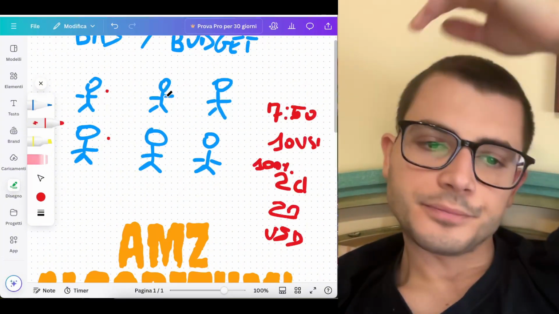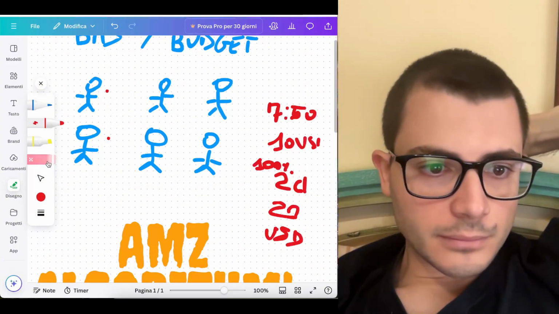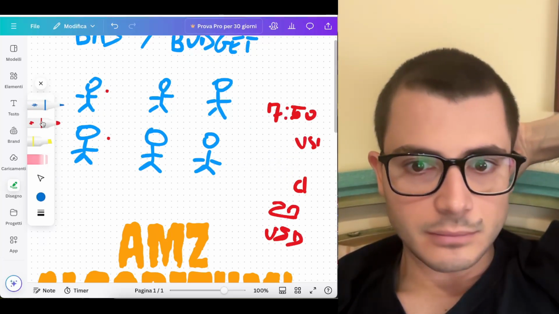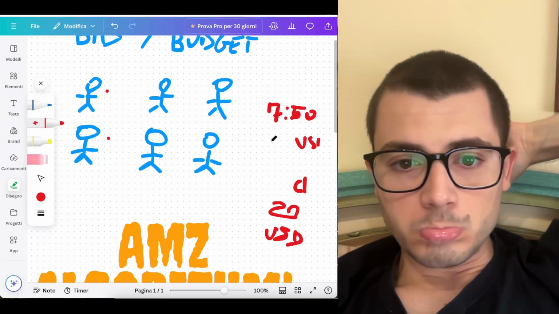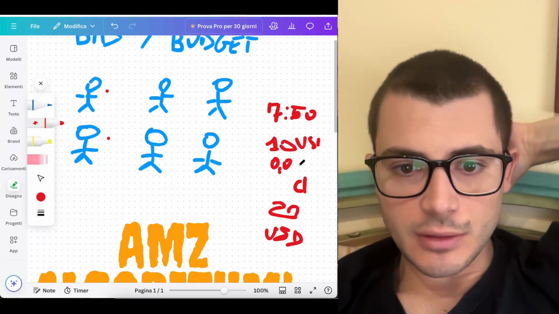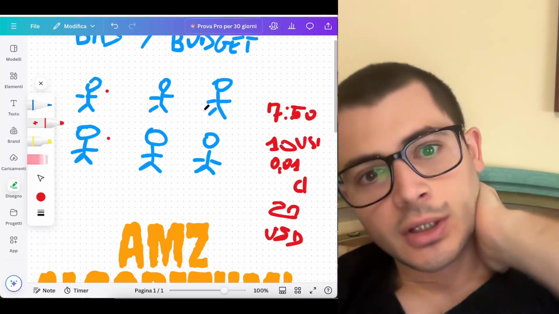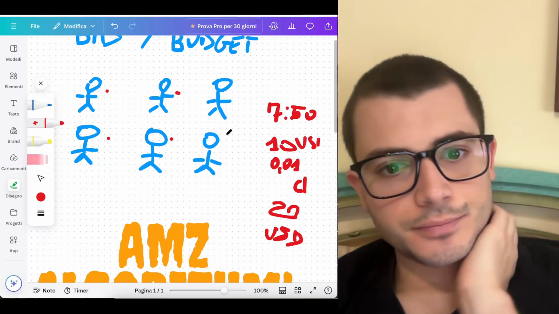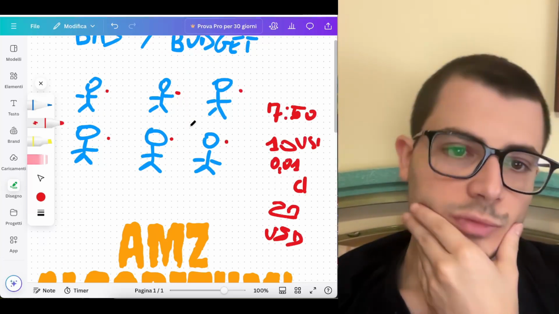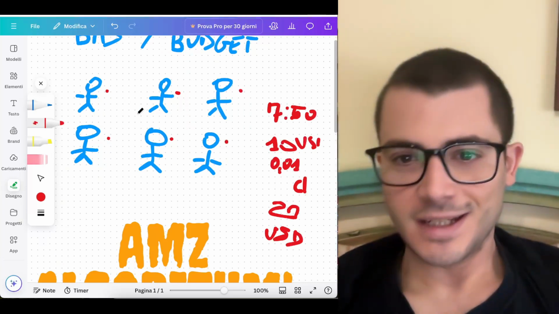Of course, Amazon may know that you have, let's say, 0.01. So now Amazon can show the book to 6 people because nobody will click.